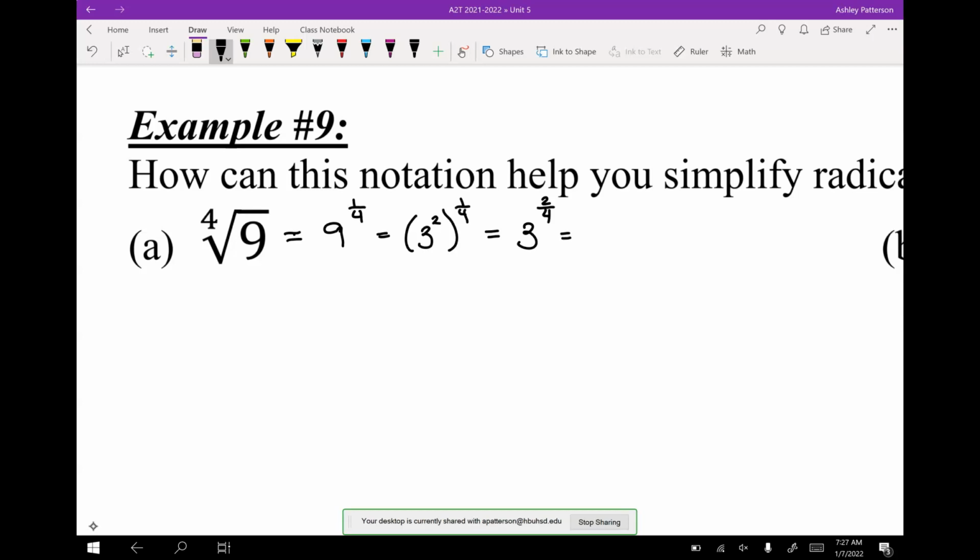So then we have 3 to the 1/2 power. Ooh, what's my index now? 2. Excellent. So the 4th root of 9 can reduce to the square root of 3, all by rewriting into rational exponent form and then playing around a little bit with the base and how we can rewrite the base.